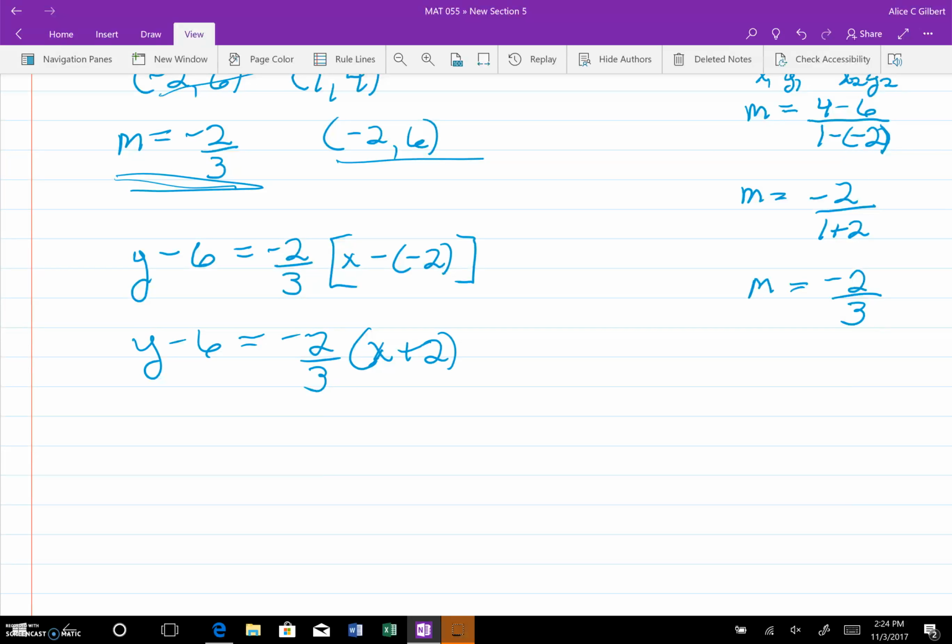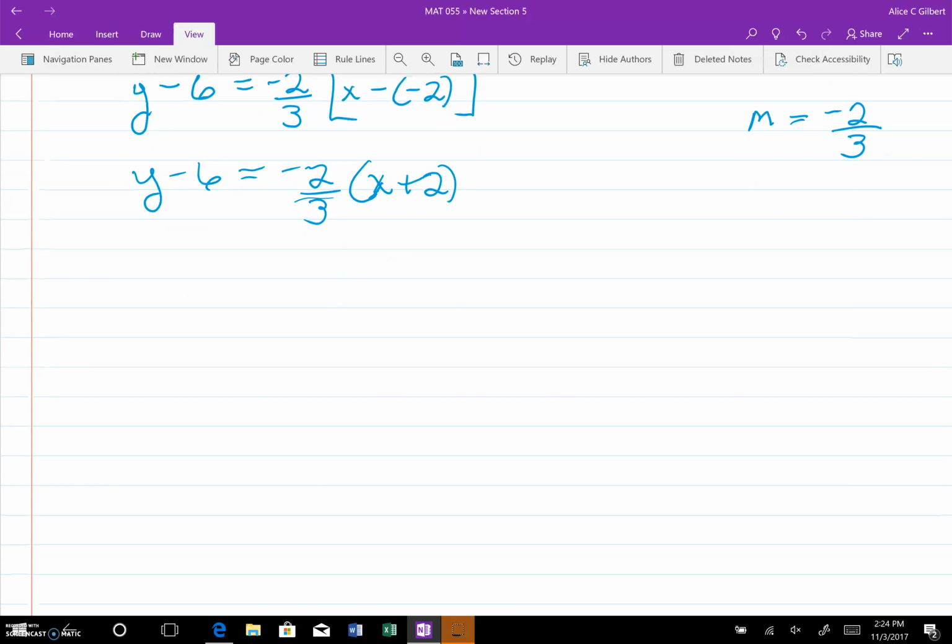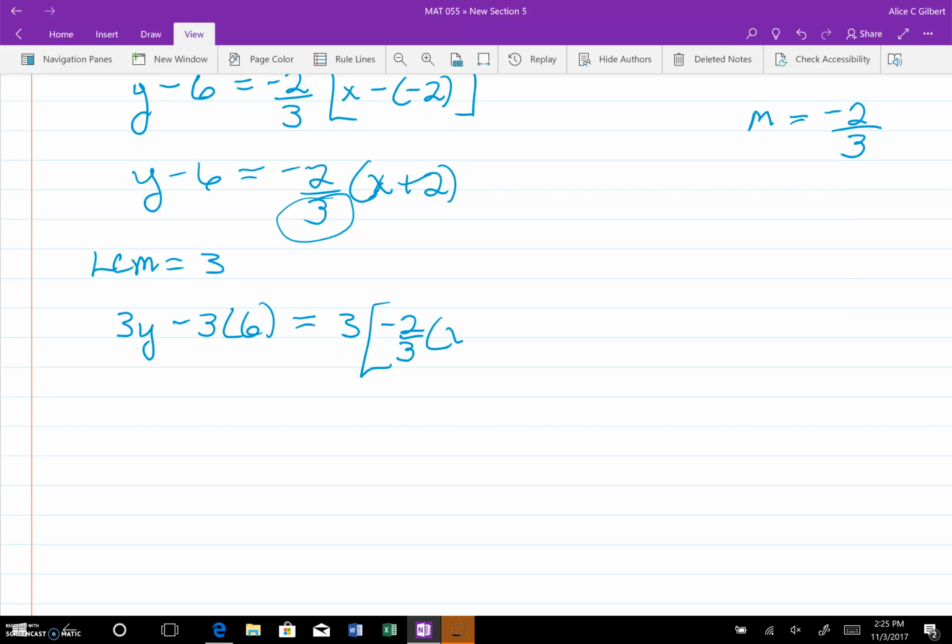Now, first thing I want to do, guys, get rid of this denominator like we've been doing all semester long. So my LCM is 3. So I'm going to multiply 3 by every term equals 3 times negative 2/3 x plus 2.